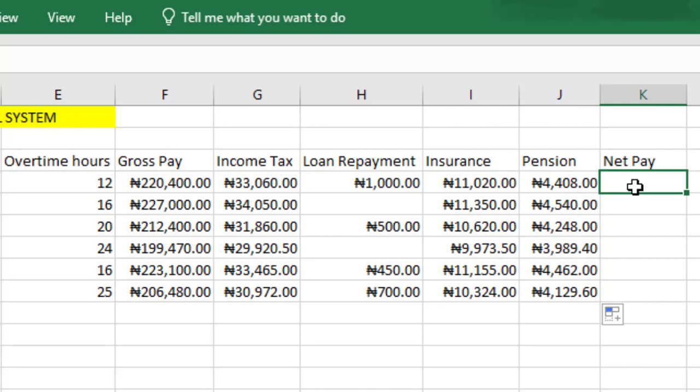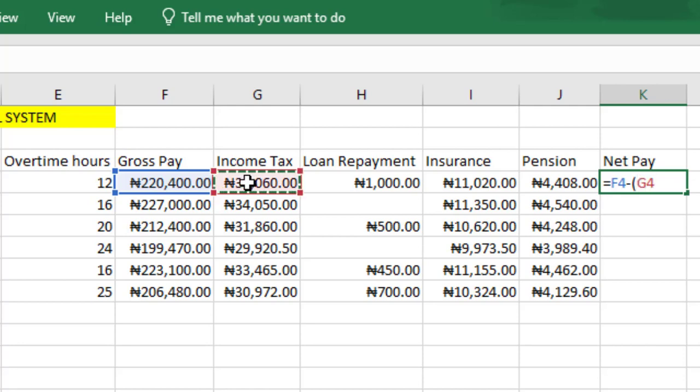Now the net pay of each individual should be the gross pay, which is this F4 minus income tax, loan repayment, insurance, and pension. So what we now do is that we open up a bracket so that we can bring in all of this and add them together for the minus to be active before them.